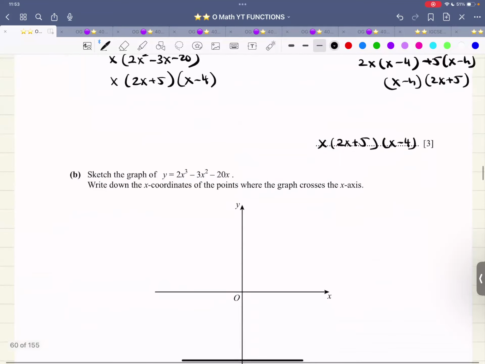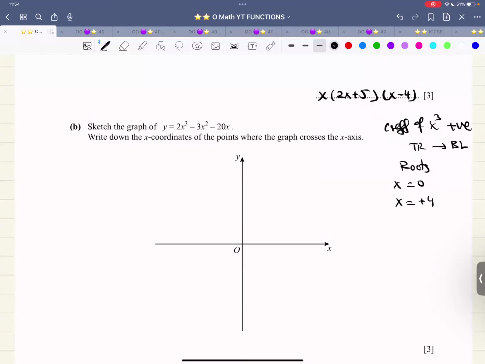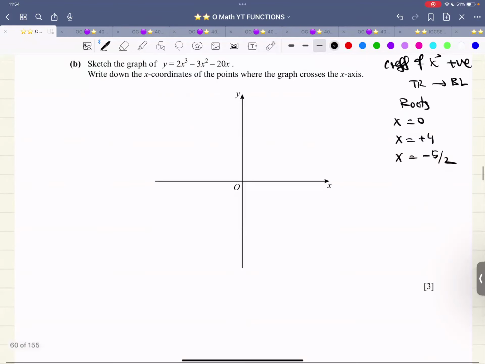So now, first of all, what is the coefficient of x cubed? That is positive, top right till bottom left. And then what are the roots of the equation? So x is 0, x is positive 4, x is negative 5 over 2. So now negative 5 over 2, positive 4. Let me choose a red color.